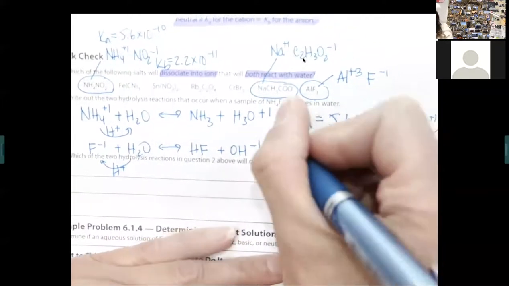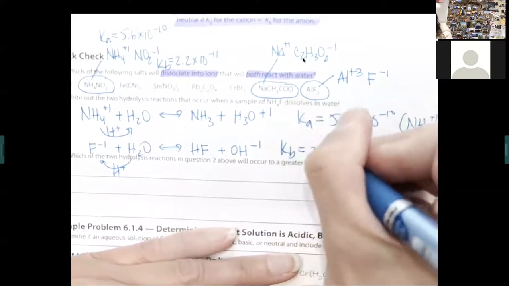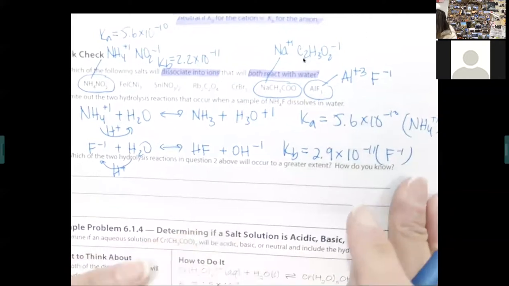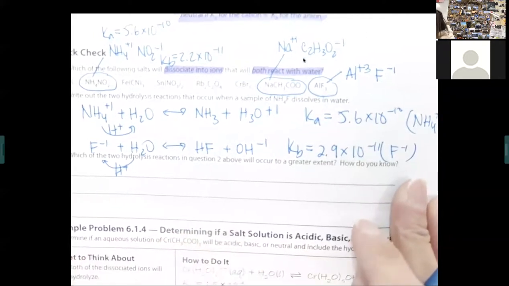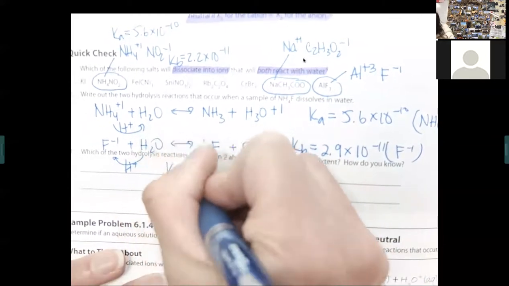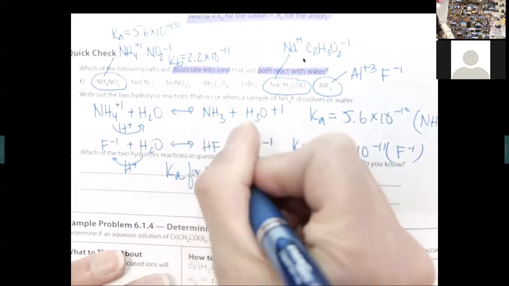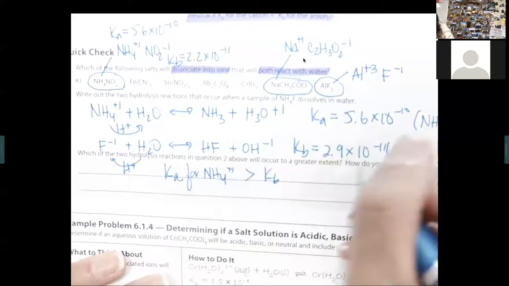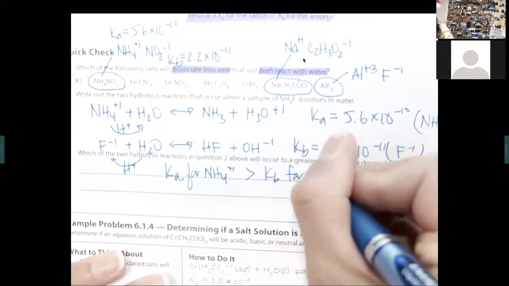And then this Kb is 2.9 times 10 to the negative 11th for F negative 1, okay? So which of these two hydrolysis reactions will happen to a greater extent? Well, you compare the Ka and the Kb. The Ka for NH4 plus 1 is greater, because it's 10 to the negative 10th, and the 10 to the negative 11th is for the Kb.